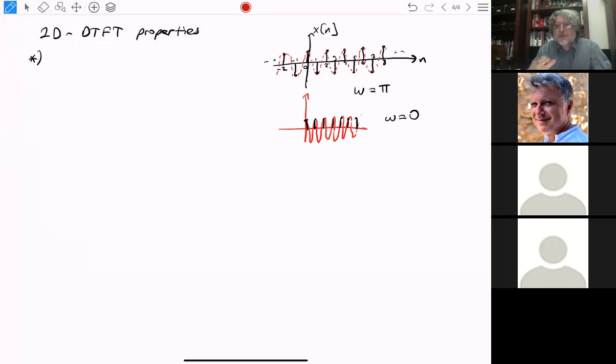But what is the frequency of the underlying red sinusoid? It's 2 pi. So pi reaches the maximum oscillations. After pi, it decreases and goes back to 0. At 2 pi, it comes exactly the same as the 0 frequency. After 2 pi, it further increases once again and reaches the maximum at 3 pi.